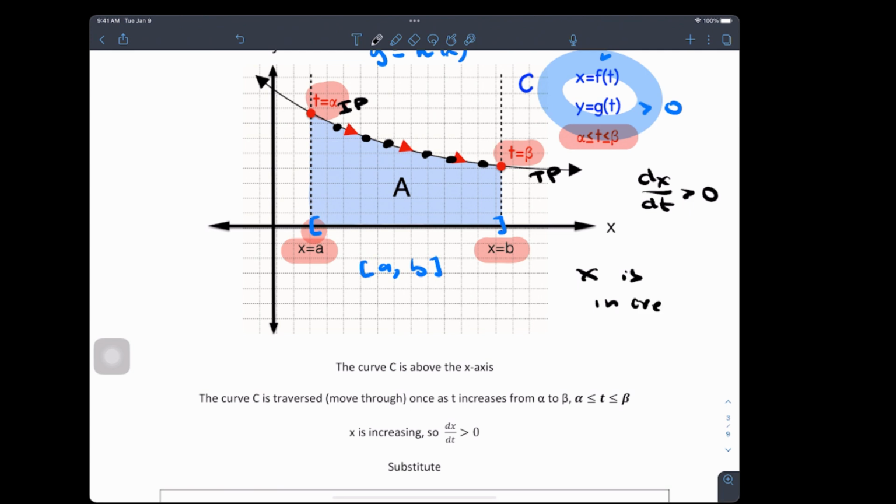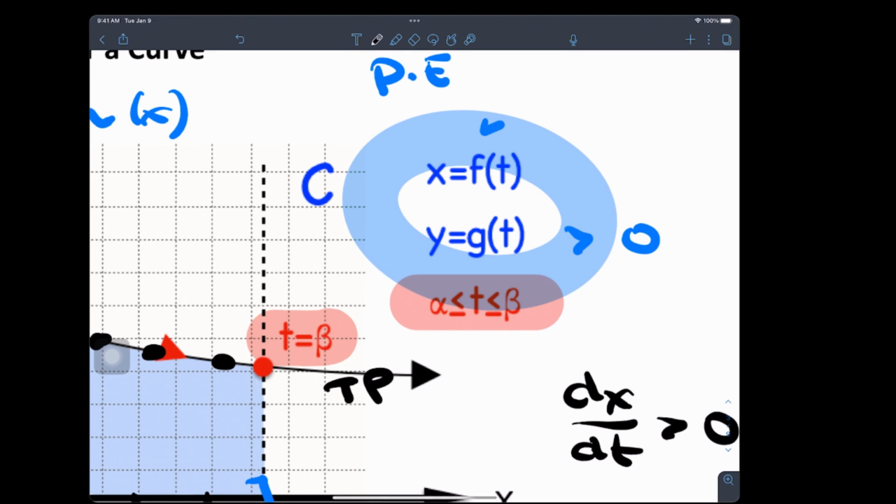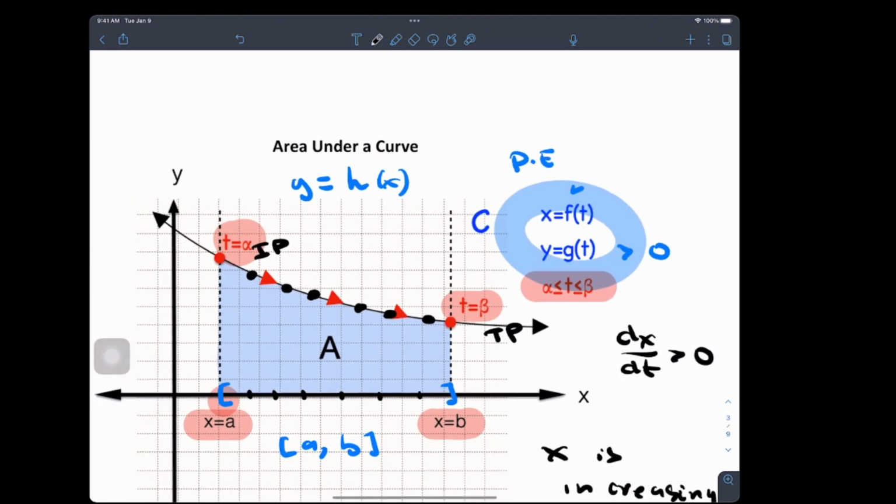And when x is increasing, getting larger, that means dx/dt is positive, just so you guys know. Because x is increasing, and x is a function of time t, if you want to look at it that way.